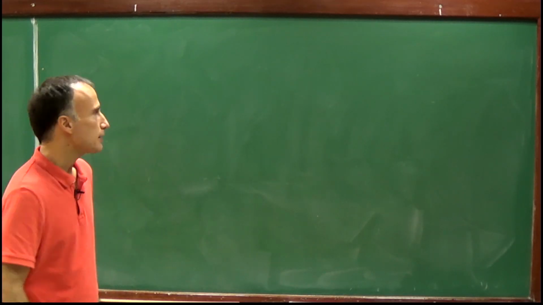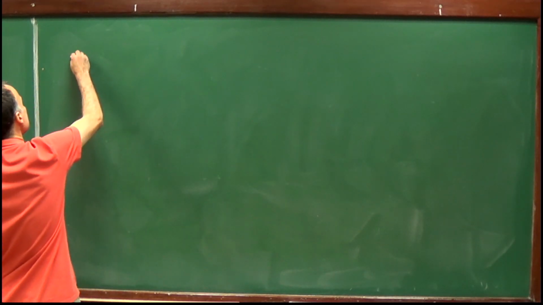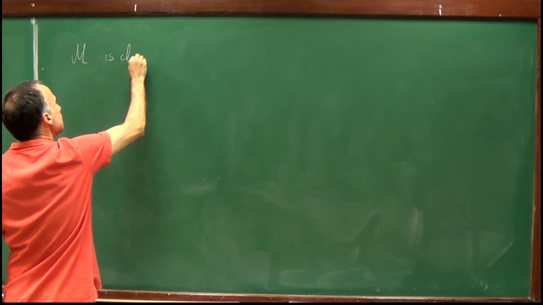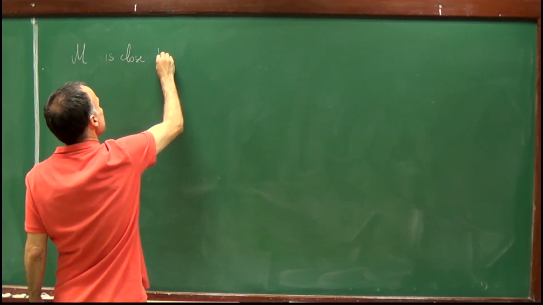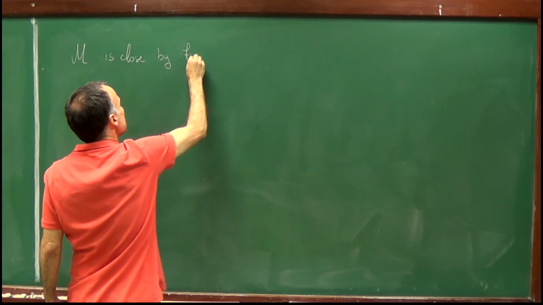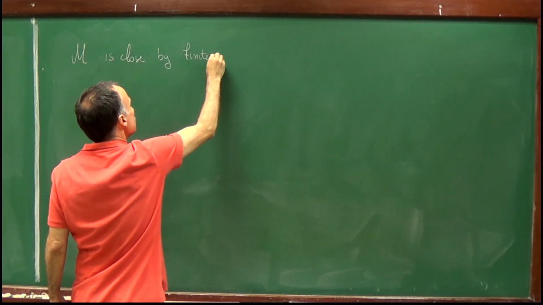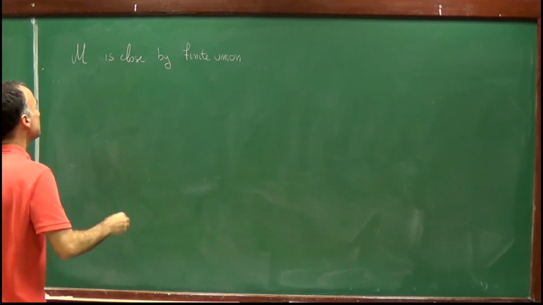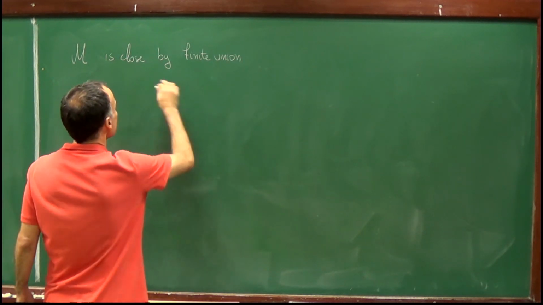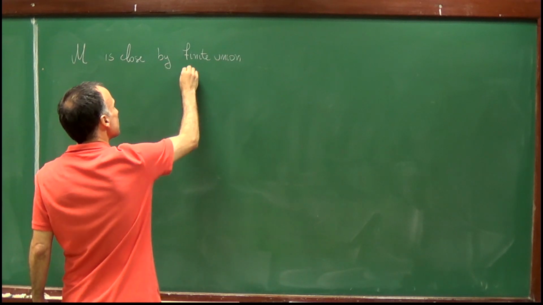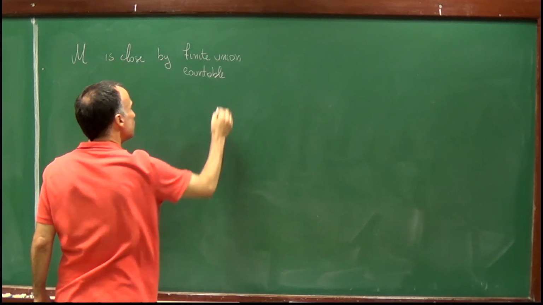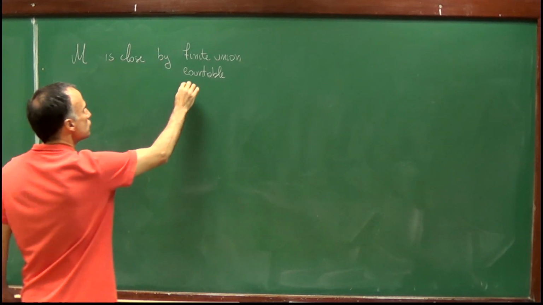So we have seen that the family M is closed by finite union, and now I claim that in fact this family is closed by countable union, right?